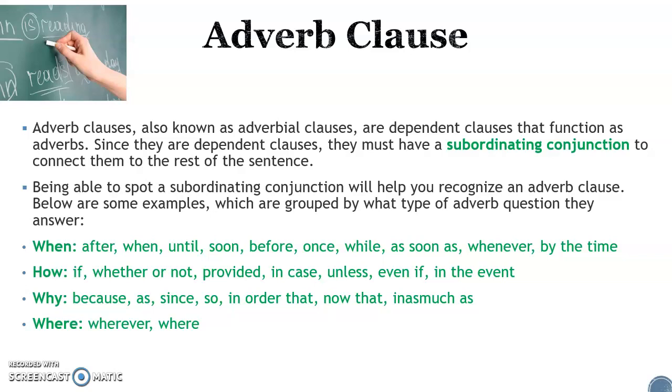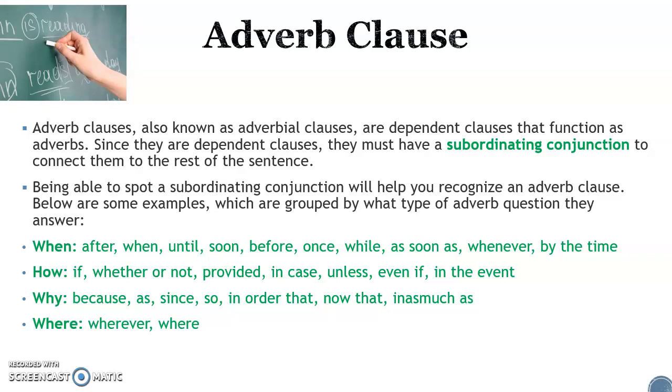Below are some examples, which are grouped by what type of adverb question they answer. When: after, when, until, soon, before, once, while, as soon as, whenever, by the time. How: if, whether or not, provided, in case, unless, even if, in the event. Why: because, as, since, so, in order that, now that, and as much as.